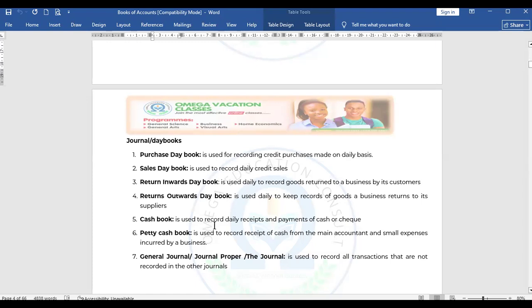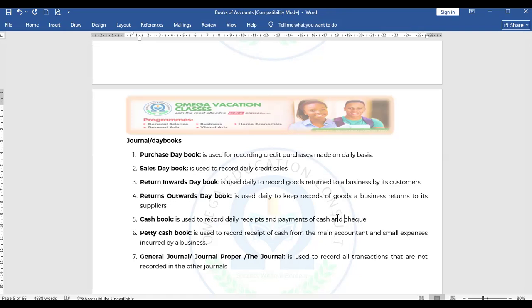The cash book is used to record receipts and payments of cash and checks, right? So that's what the cash book is used for. And the petty cash book, petty means small, right? So it is used to record payment of small expenses, and monies received from the main cashier to cater for these small expenses.